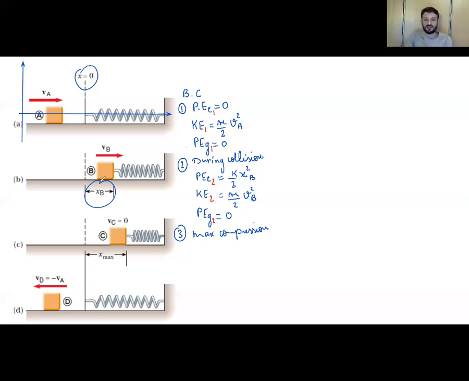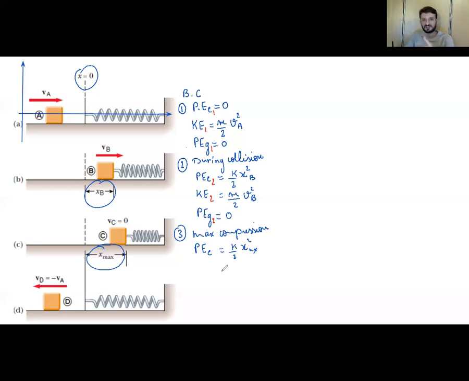Yes, we have x maximum, so we have elastic potential energy equals half k x maximum squared. Do we have velocity?